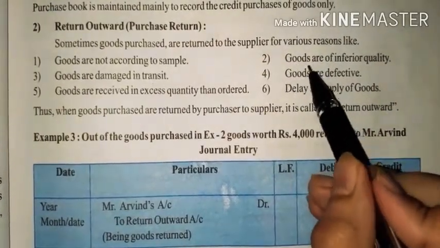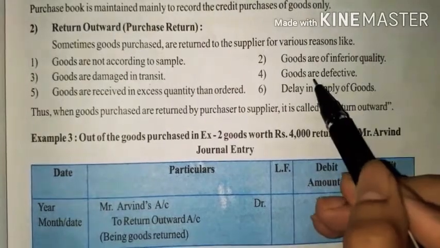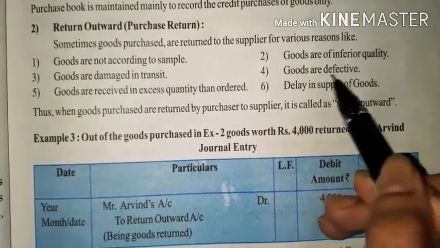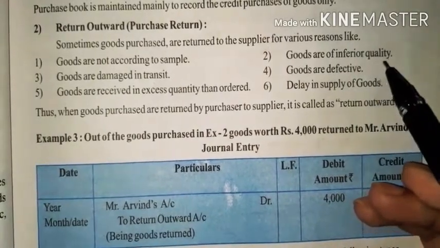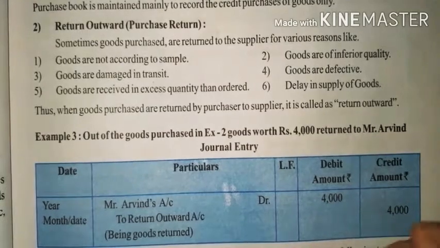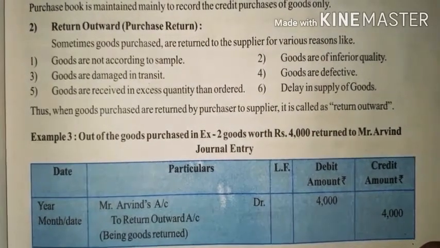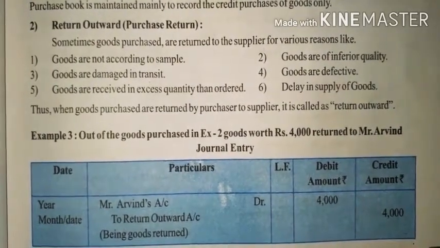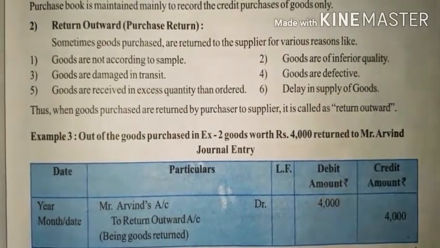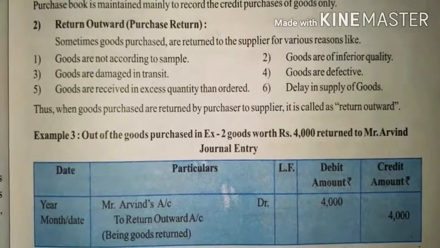Next, goods are of inferior quality, inferior meaning poor quality. Goods are defective, that is, duplicate or damaged. Delay in supply of goods. If you are told that goods are being delivered today and they get delayed until tomorrow, then this is also a main reason for the purchase return of the goods.